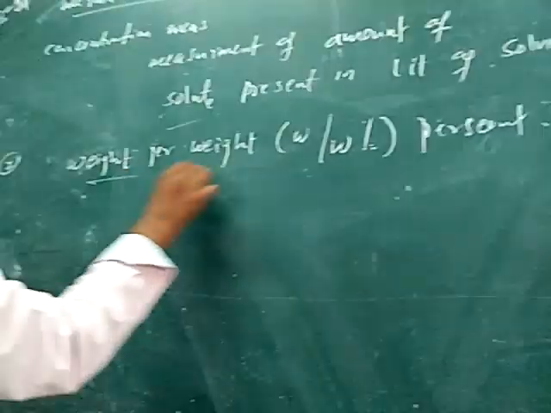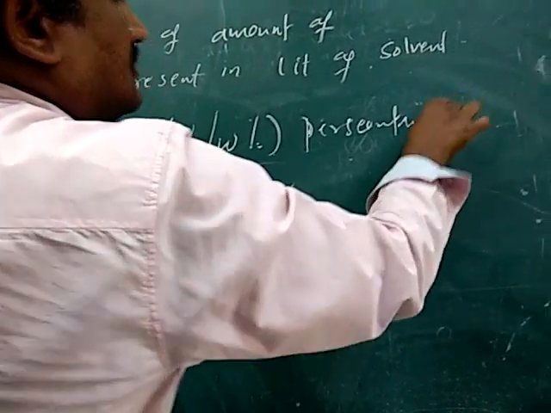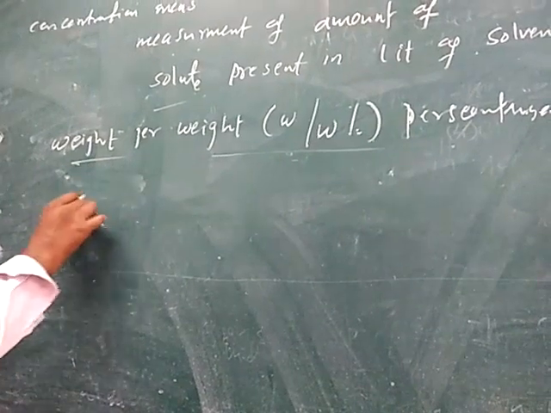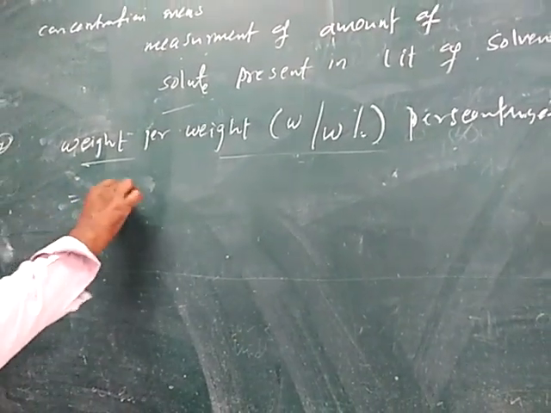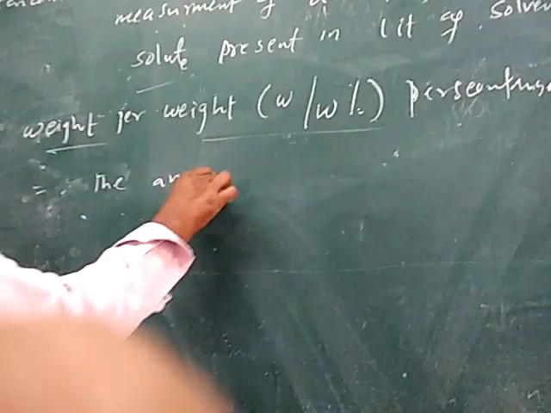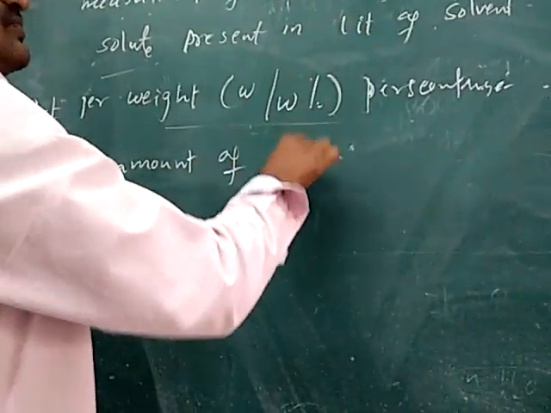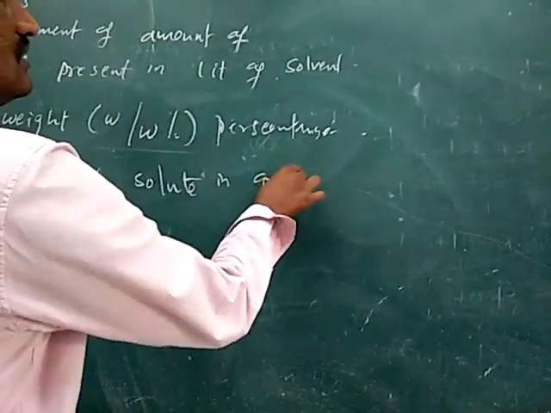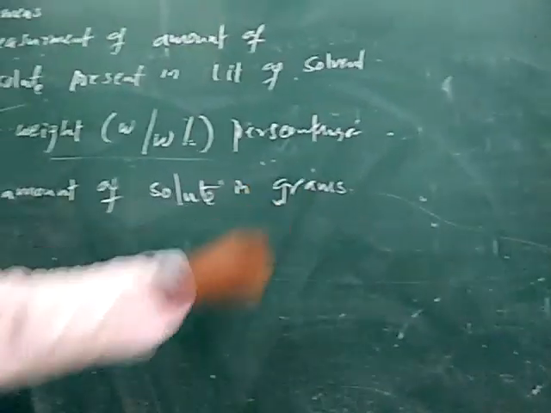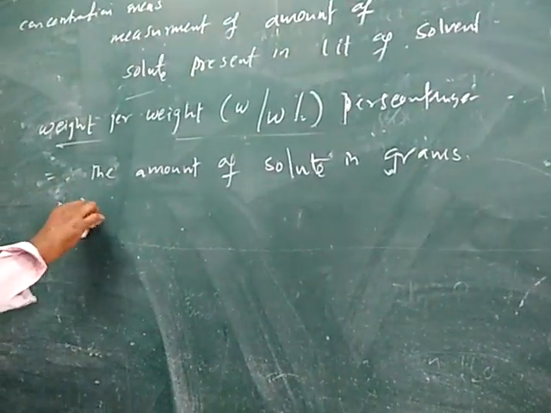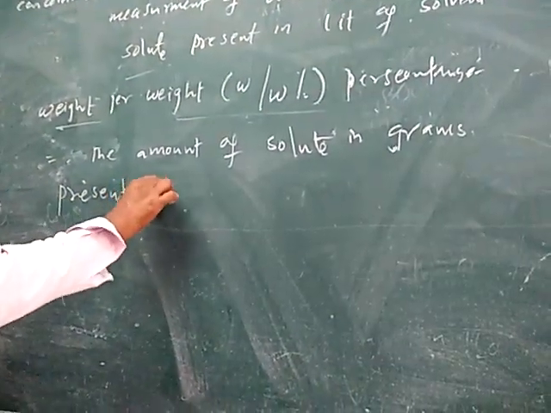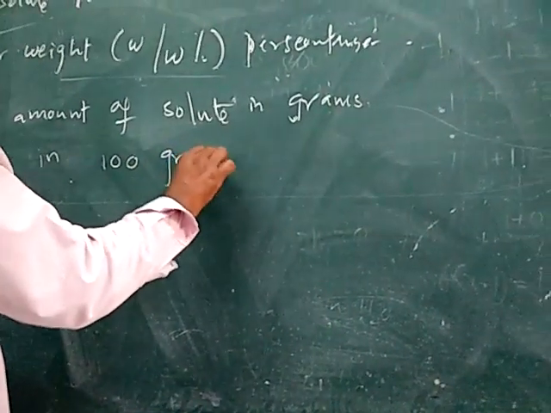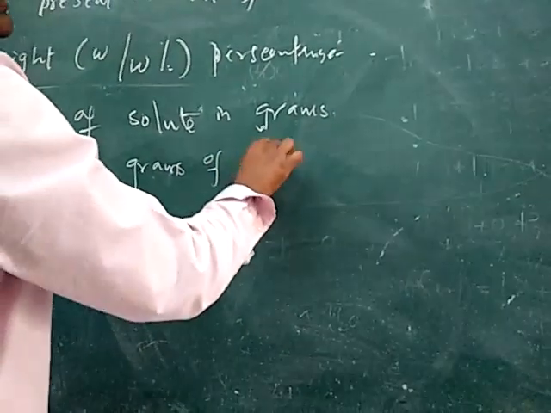Weight per weight percentage means the amount of solute in grams present in 100 grams of solution.